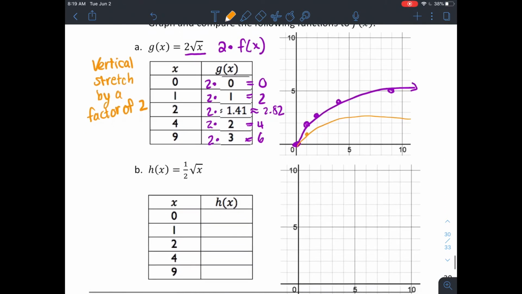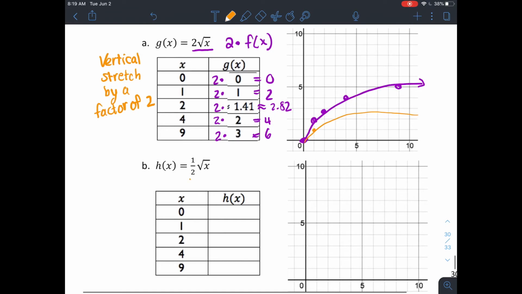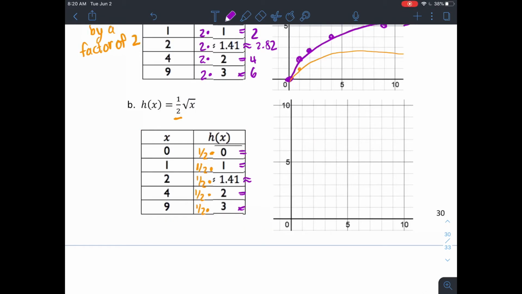If I take a look at h of x, you might be able to predict what's going to happen. This is 1/2 times the square root of x. So I'm going to take 1/2 times all of my original coordinates for square root of x, which I just pasted in there. So if I take 1/2 times all of those output values, my new points for h of x are going to be all of those with my y values cut in half.